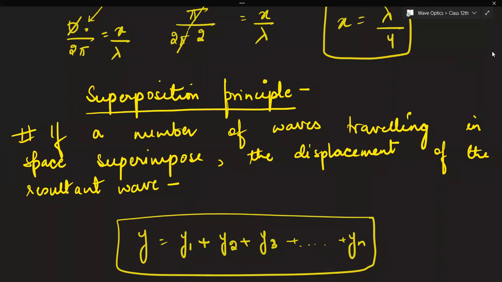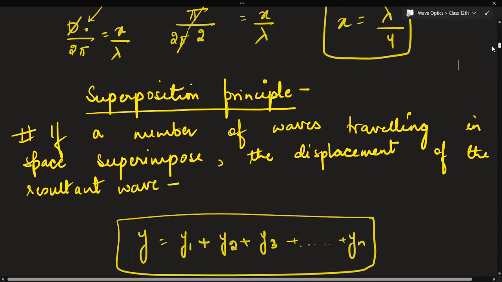Now, there are two types of sources that you have to understand. Coherent sources and non-coherent sources. They are such sources that emit waves.